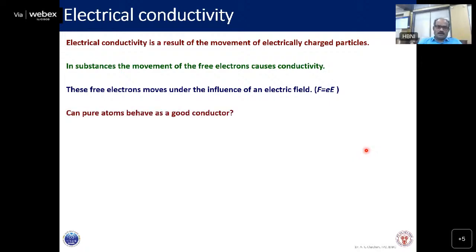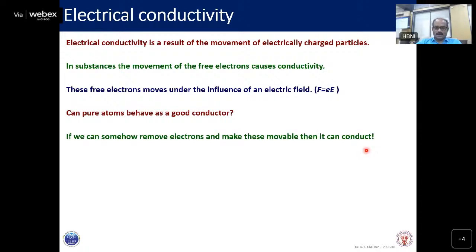Now, can a pure atom behave as a conductor? Let us try to understand it. A pure atom does not have any free electrons. All the electrons of an atom are bound to its nucleus. So there are no free electrons, and pure atoms cannot be conductors. But if we can somehow remove an electron from the outermost orbit or from any other inner orbits, and free electrons are available, then we can make it conducting.